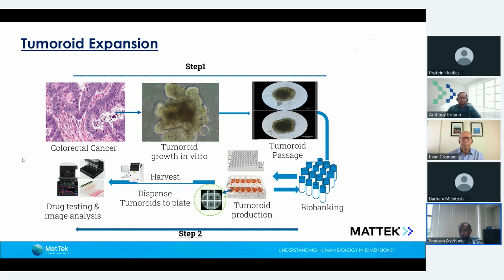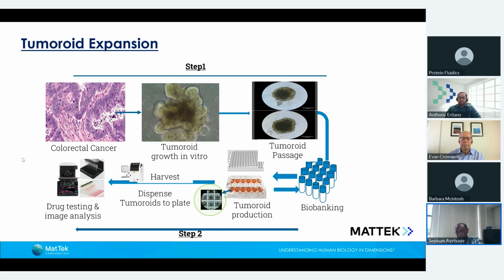We can load about 50 384 well plates, and that is powerful for high throughput screening, what the pharma industry is looking for. Then you can do staining, and you can image them, and you can analyze them, the image, using AI technology. So those are the things that we have to entertain in the coming years.